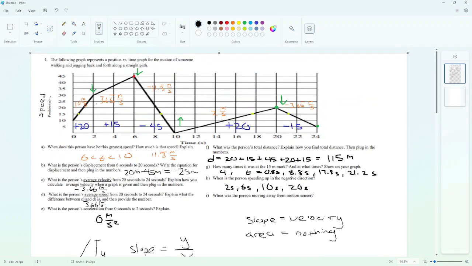The position is increasing. So it's going to be moving away from the sensor anytime that their position is increasing. And their position is increasing whenever their velocity is positive. So here, here, here, and that's about it. So t is equal to from 0 to 2. Well, from 0 to 6. And then from 10 to 20.